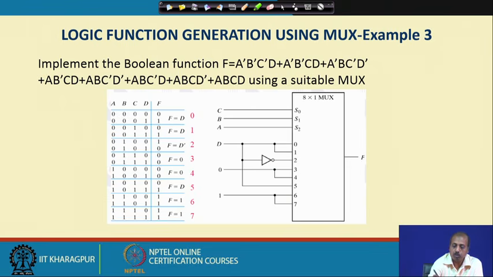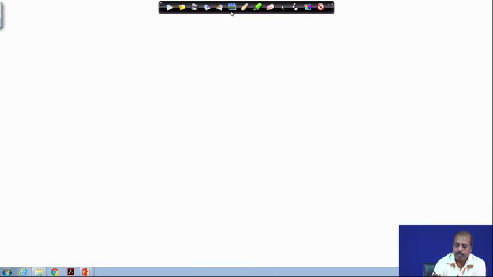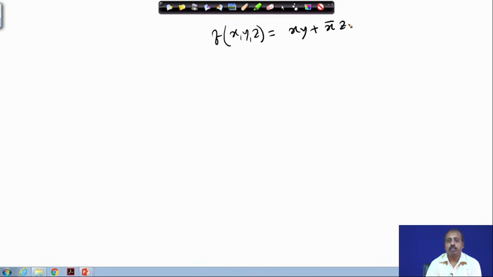So, if you want to do that, say I have got some function f which is a 3 variable function, x, y and z, and the function is given by, say, x y plus x bar z, like this. Okay.